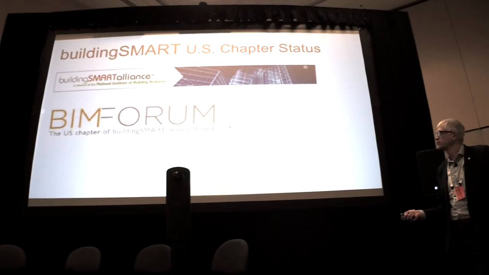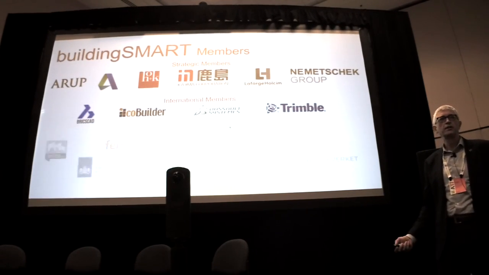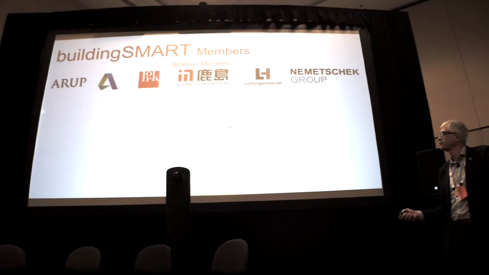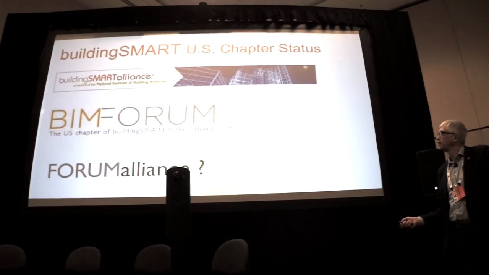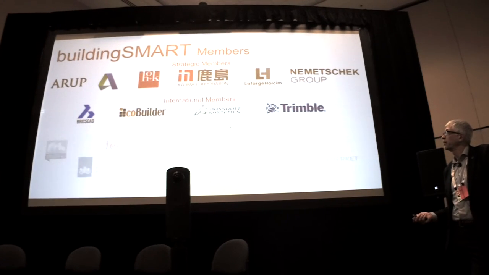My hope is that these organizations will come together and figure out how to give us an integrated chapter in the U.S. that takes advantage of all the work that's been done at the Building Smart Alliance and create something we can work together on here. So that's the current status of the U.S. chapter of Building Smart. But Building Smart's really an international organization.